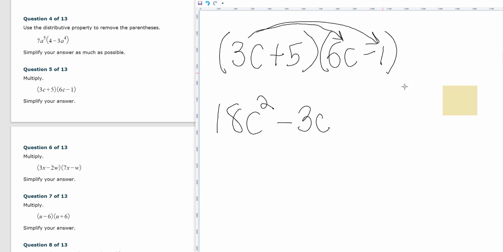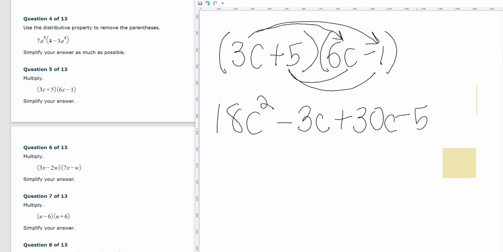Now I need to come back and ignore the 3c and distribute the positive 5 to both. So keep in mind you need a sign between these. So positive 5 is going to get distributed to 6c, and then positive 5 is going to get distributed to minus 1, and we're doing multiplication, so it's going to be plus 30c minus 5.